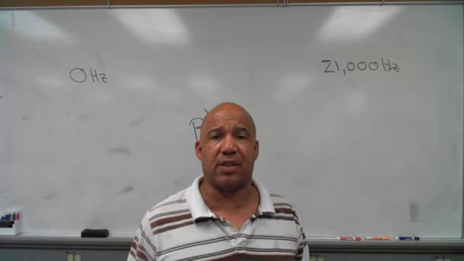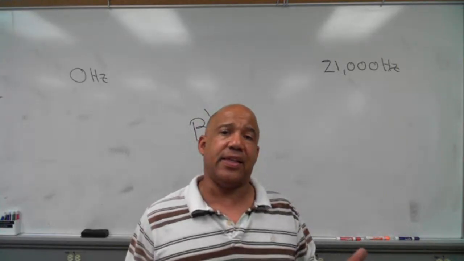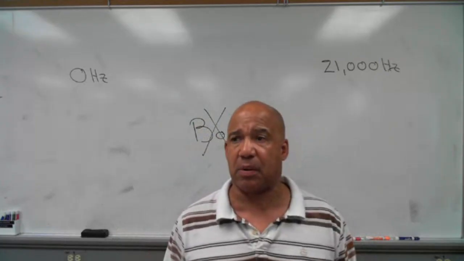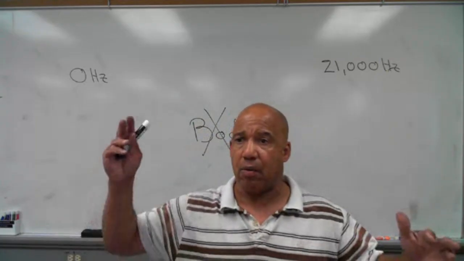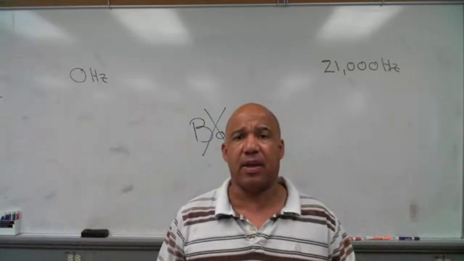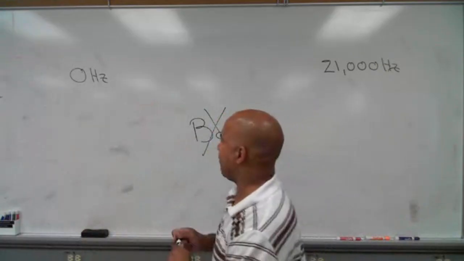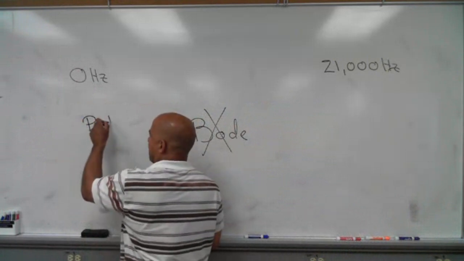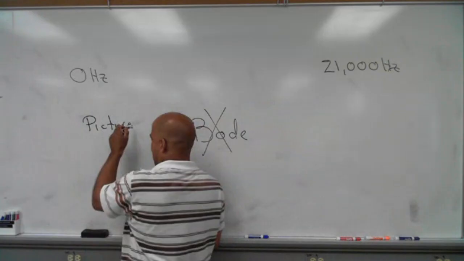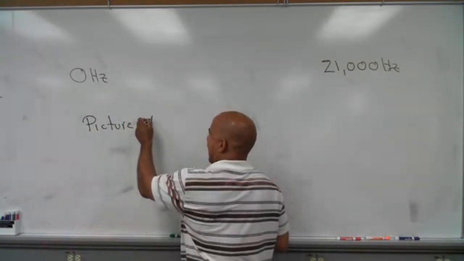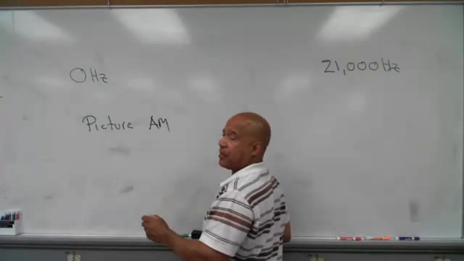I mean, just consider the case of TV. When you transmit a TV signal, now I'm not talking about cable TV, I'm talking about the old TV where you just use the antenna on your TV, you have three signals. You have a picture, and that picture is transmitted in AM, amplitude modulation.